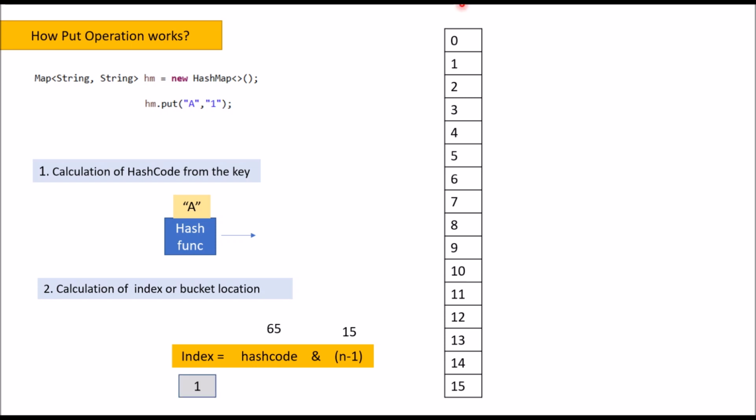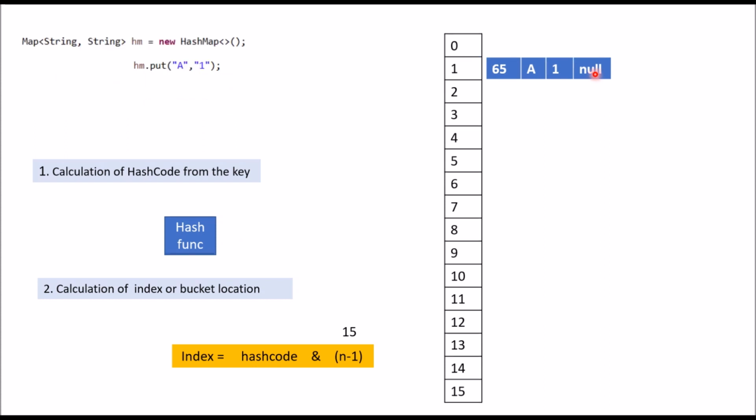Now if you locate the index in the given array, at index 1, the insertion to the HashMap will be stored in the format of hash code, that is 65, key a, value 1, and there is no next node, so the reference is null. Similarly, let's insert hm.put b,2.